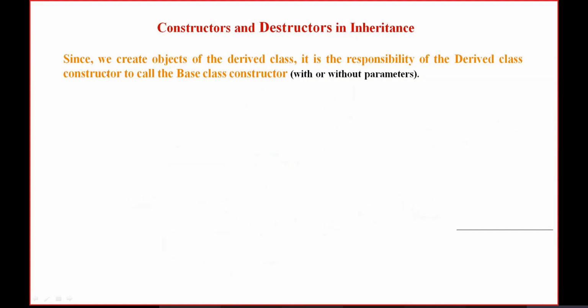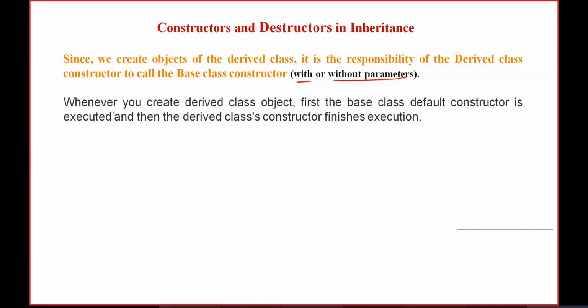So the point was, since we create objects of the derived class, it is the responsibility of the derived class constructor to call the base class constructor. Now the calling can be with parameters or without parameters, we saw. Whenever you create a derived class object, then first the base class default constructor is executed.